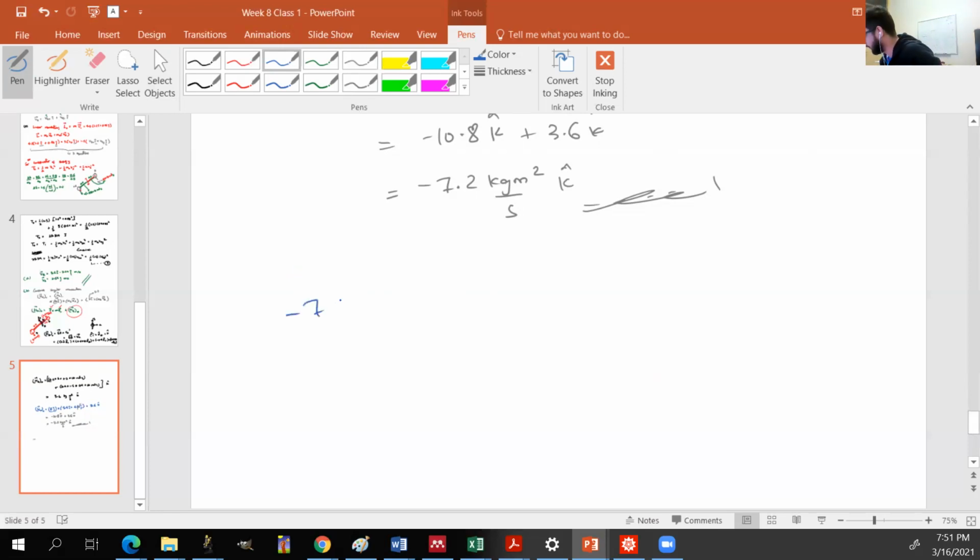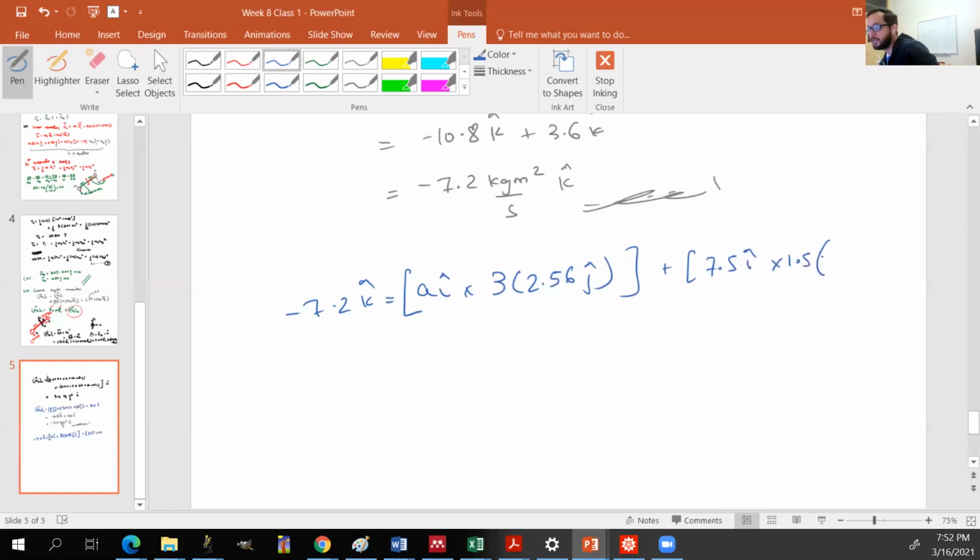You get minus 7.2 K hat is equal to A I hat crossed with 3 times 2.56 J hat, plus 7.5 I hat crossed with 1.5 times the velocity. This is not a multiplication, it's a cross product. This is basically your VA, and this is VB that I'm writing in here: 3.6 I hat minus 2.24 J hat.